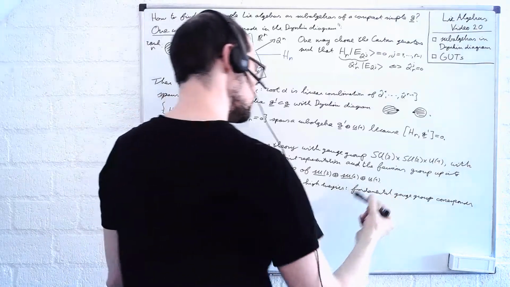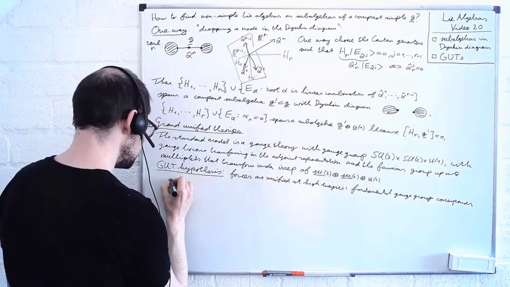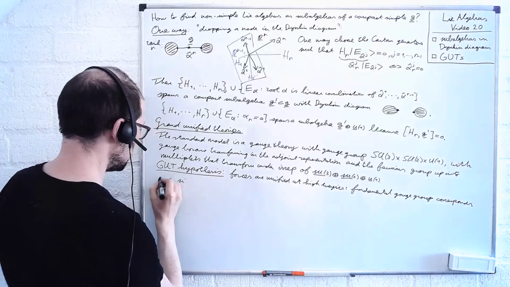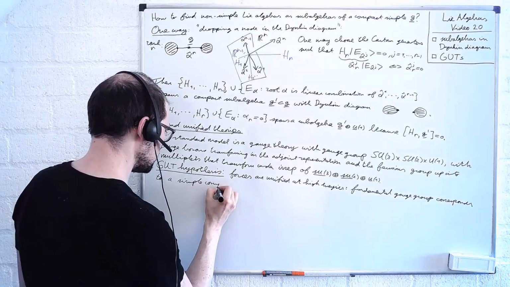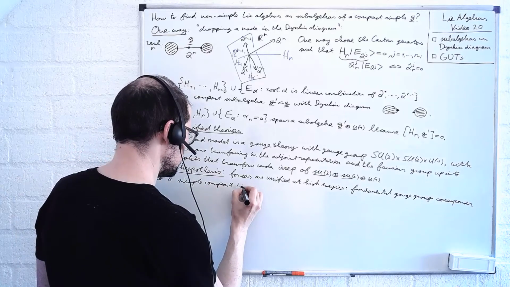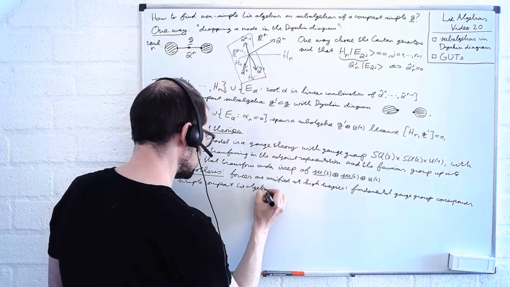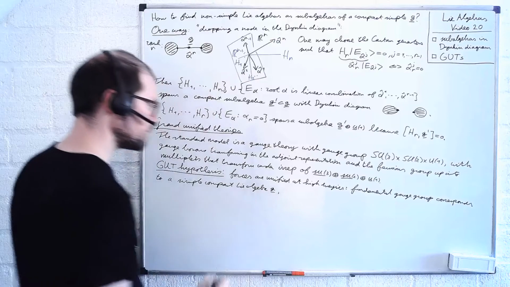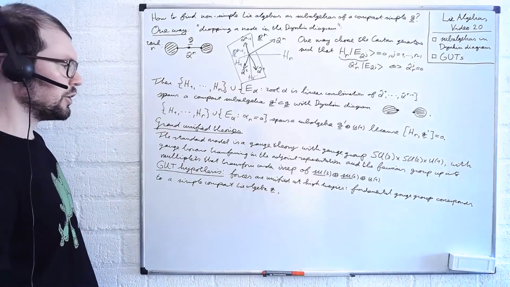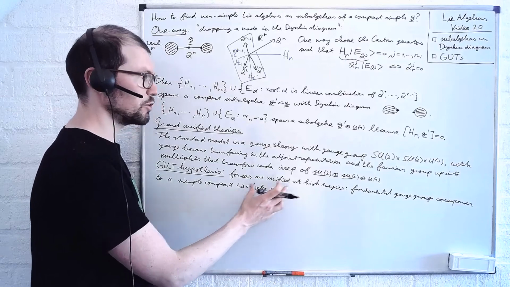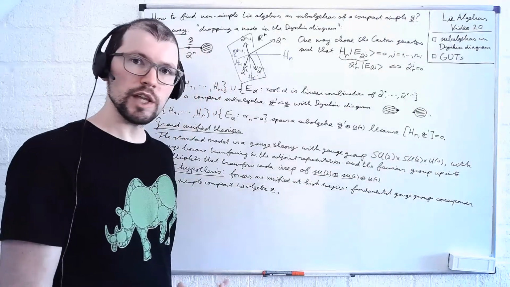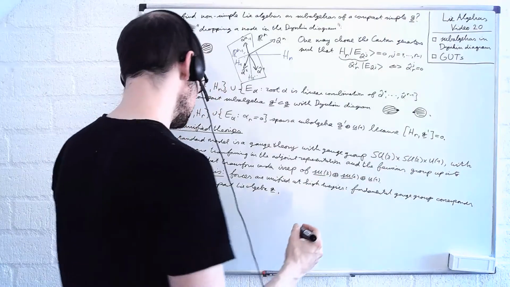So the fundamental gauge group corresponds to a simple compact Lie algebra G, and only at low energies this larger symmetry G is broken into the standard model gauge symmetry.